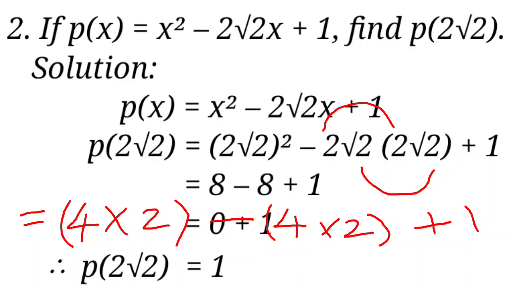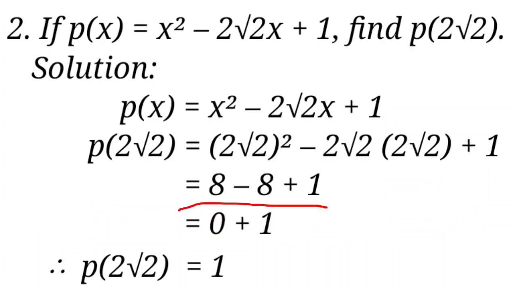Then 2 the whole square we get 4, into root 2 the whole square we get 2. Then 4 into 2, 8, minus 2 into 2, 4, into root 2 into root 2, 2. Then 4 into 2, 8, plus 1.